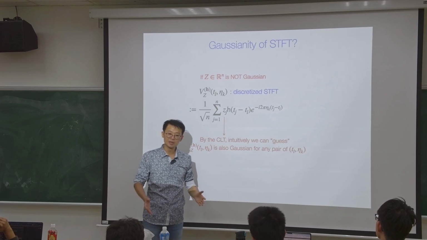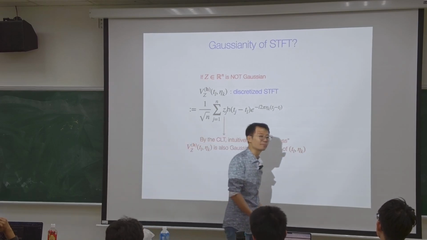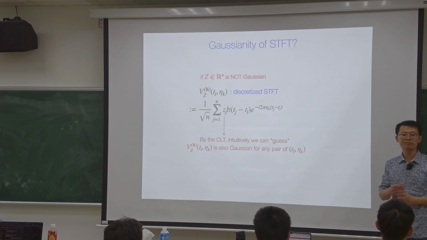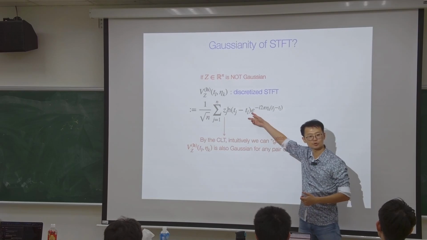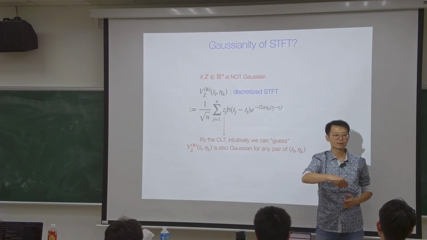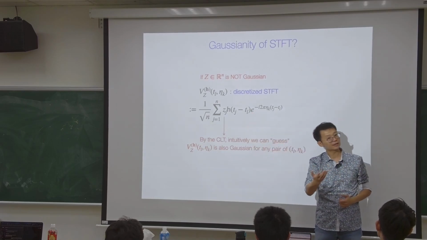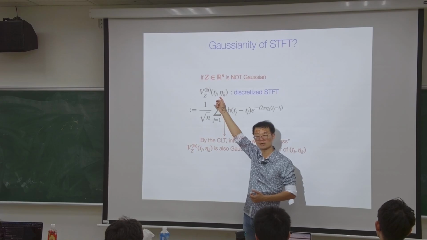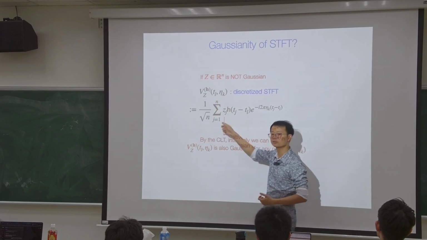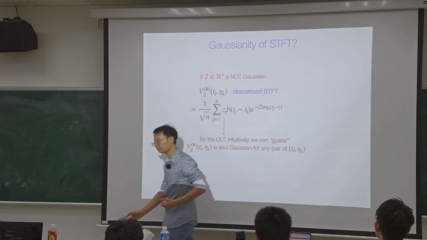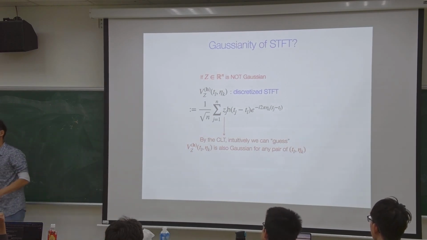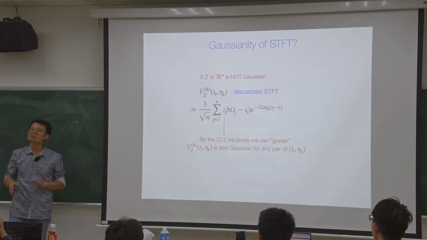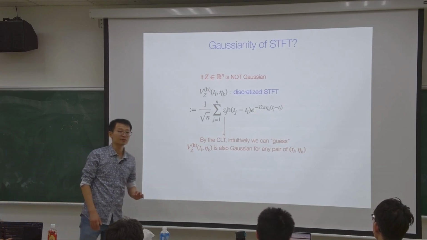You may say, I learned Berry-Esseen, right? We may quantify how far the distribution is from Gaussian. We get some quantification, but don't forget, we have n squared entries, pairs that we need to compare. You cannot achieve all of them. That's the problem. You can only get maybe a finite number. But even a finite number is challenging enough.